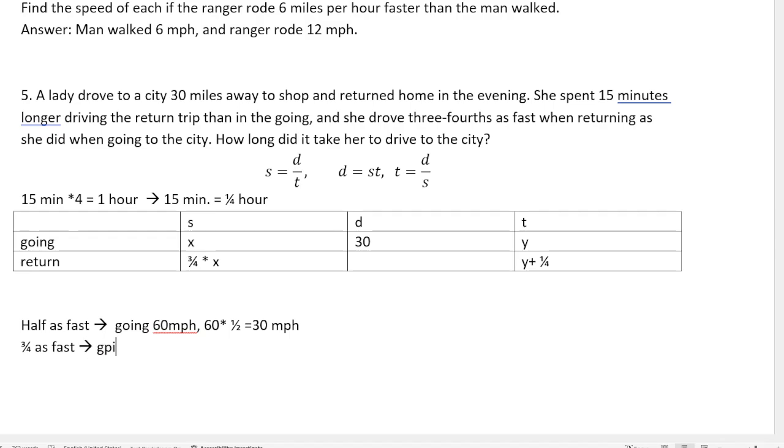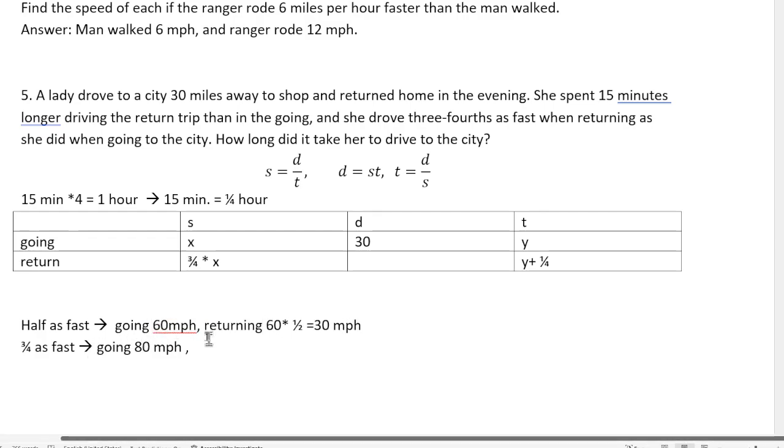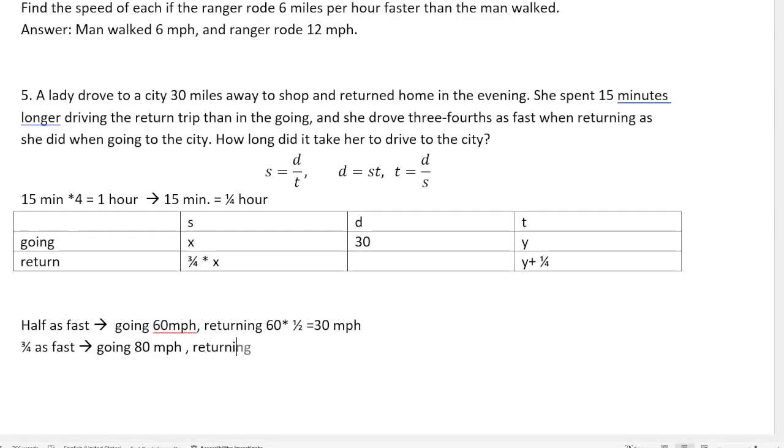So in the same manner, if it's 3/4 as fast, what does that mean? If the going is, say, 80 miles per hour, that's dangerously fast. But let's just, for the sake of argument, think about this. Returning would be, half would be 40, but it's 3/4. It's faster than 40. It's 60. Okay, so 60 miles per hour would be the return trip. But how do you calculate from 80?